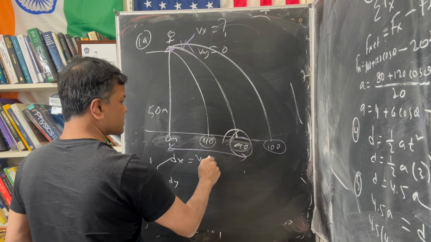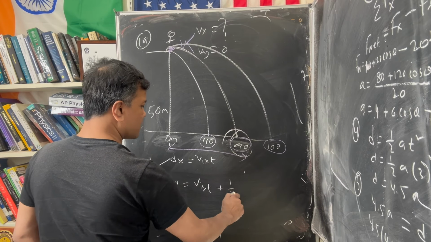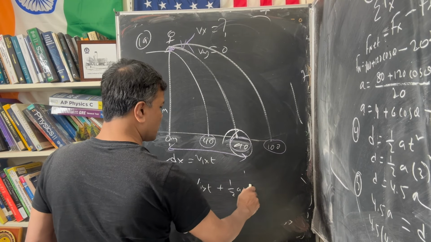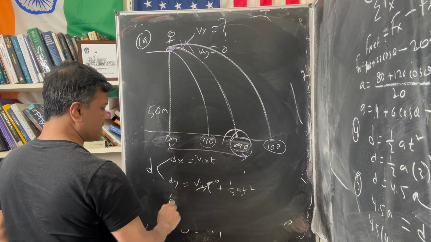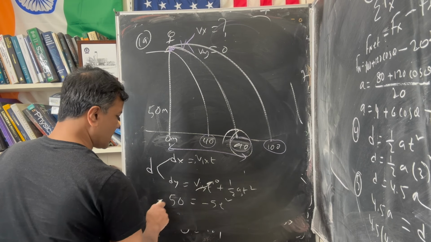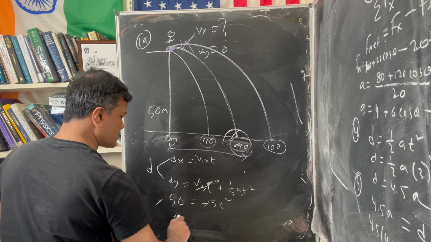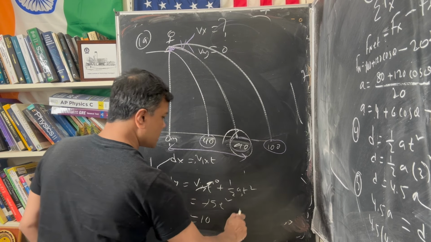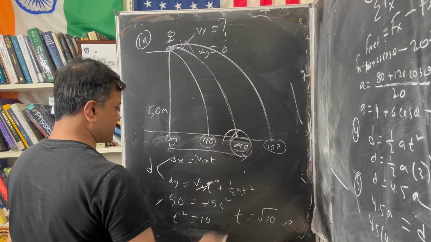Dx is Vix t and dy is Viy t plus half a y t square. This one goes to 0. So this one is negative 50, and this one is 5t squared. So negative, negative cancel. 5 goes through, so t squared is 10. So t is square root of 10. All right, so it's 3 something.